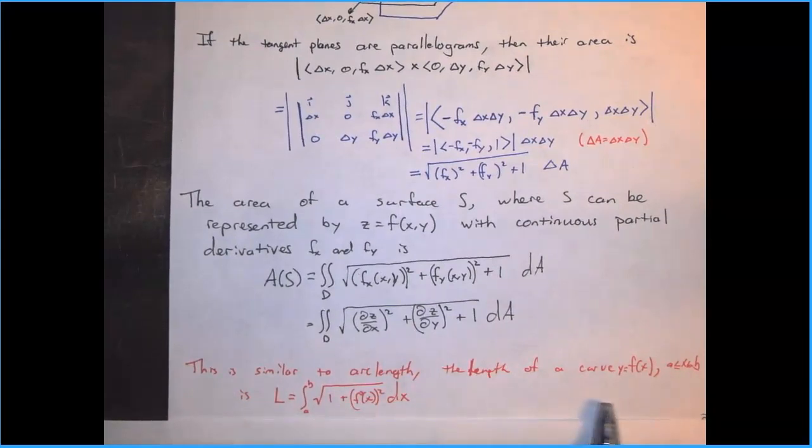But if you wanted to find the length of a curve represented by f of x, where x went from a to b, the arc length was the integral from a to b of the square root of 1 plus f prime squared. So you can kind of see the similarity between arc length and surface area. Now it's just larger dimensions. So we have a double integral instead of a single integral, and we have more partial derivatives instead of just an ordinary derivative.